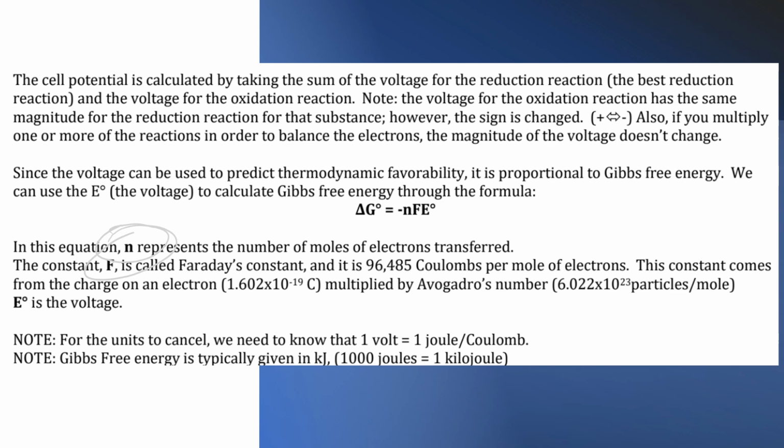This constant comes from the charge of an electron multiplied by Avogadro's number. E0 is the voltage. However, for the units to cancel, you need to know that 1 volt equals 1 joule per coulomb. Gibbs free energy is typically given in kilojoules, so you need to convert your joules to kilojoules.